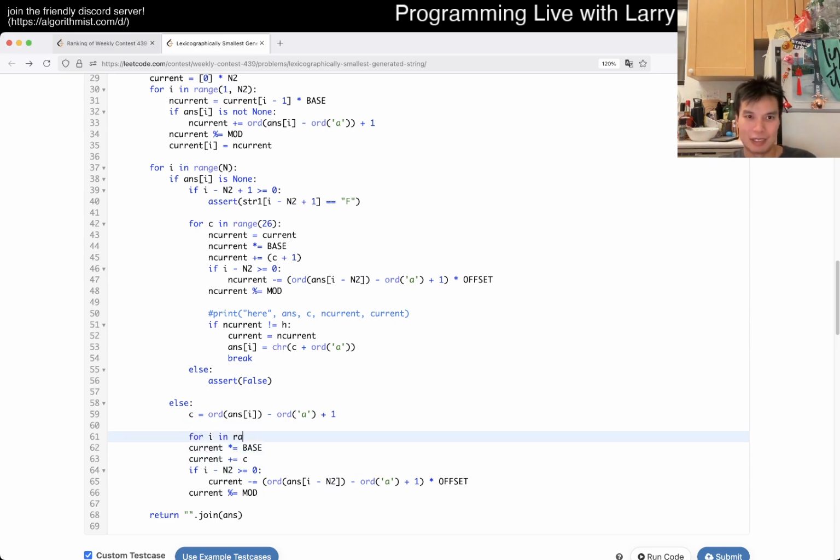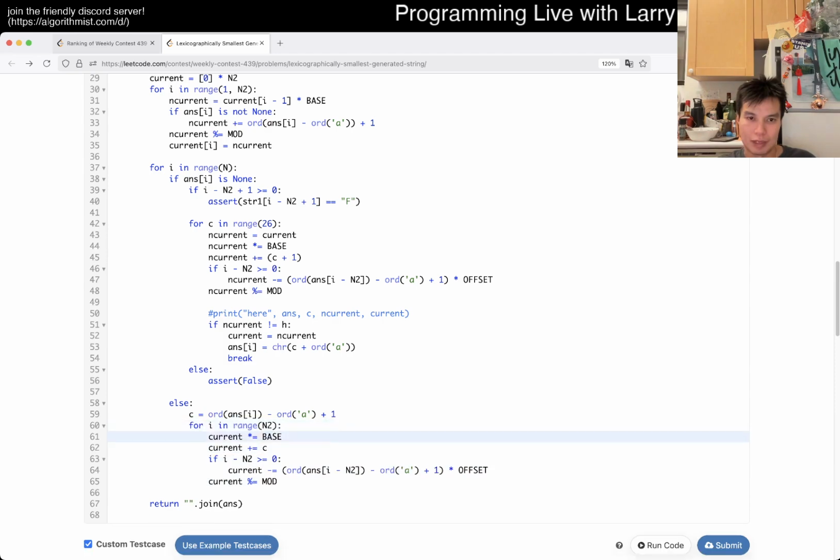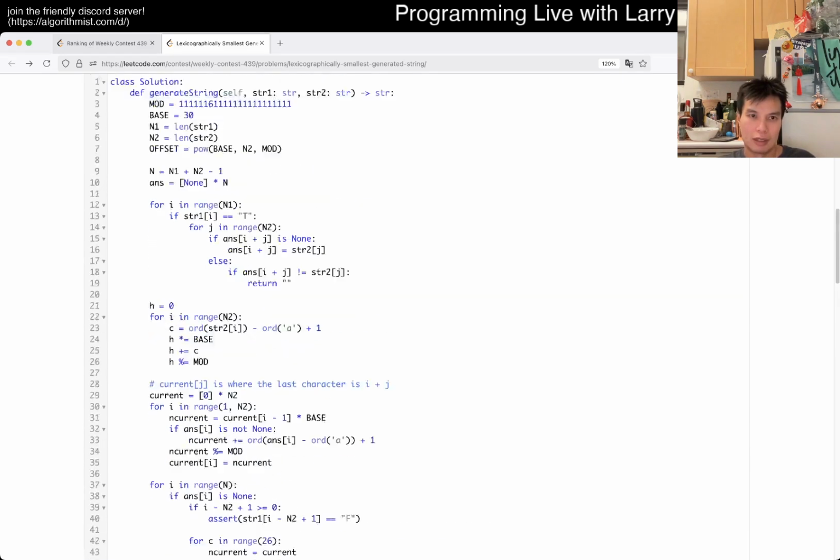For i in range of n2, and so i with shift. This isn't right though. This is a shift on a base. So this is this times, we need offset sub i, right.